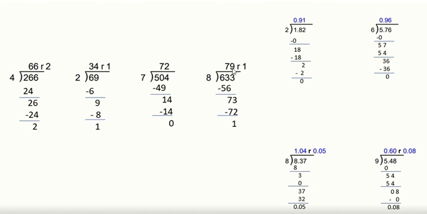And that would be, in this case, 9 times. So then we're going to multiply 9 times 8, or this number times this number. It's going to give us this number. 9 times 8 is 72. Then we're going to subtract. 73 minus 72 leaves us 1. So we know that our answer is 79 with the remainder of 1.